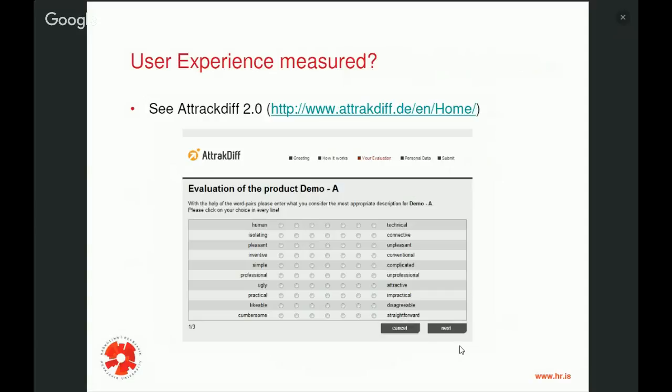Or you could compare how is my product compared to other similar web pages, and so on. And they show you the results in a schematical way.